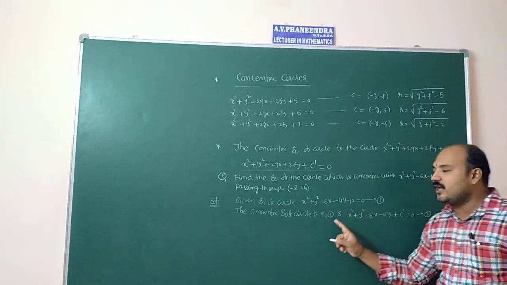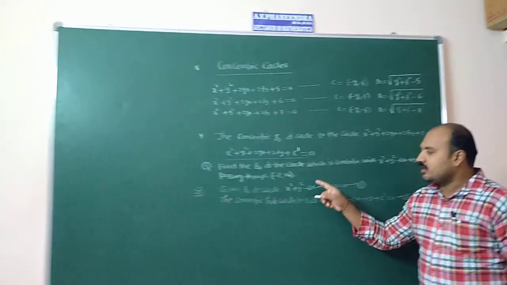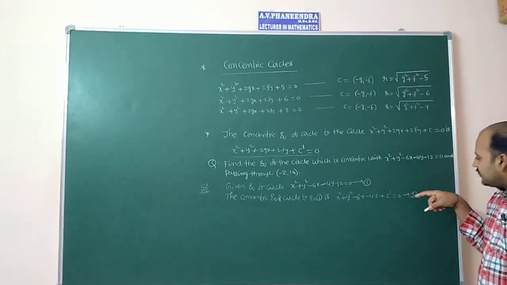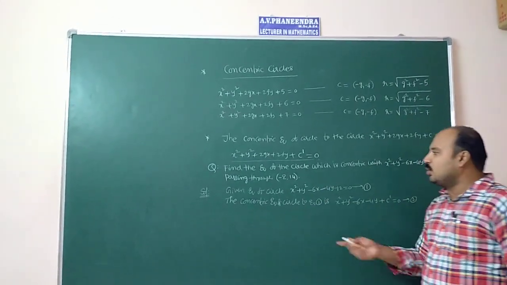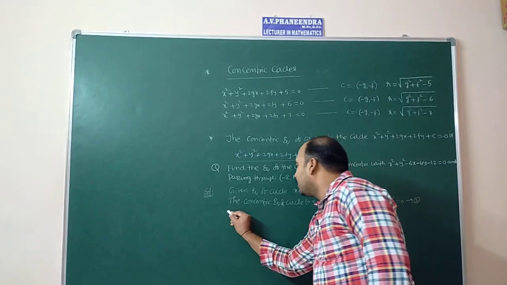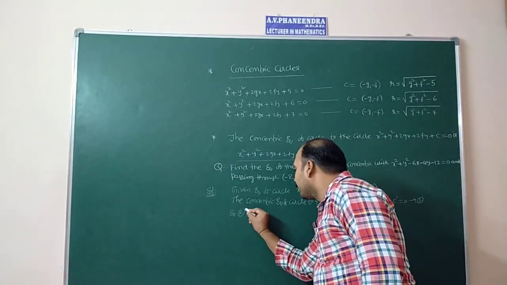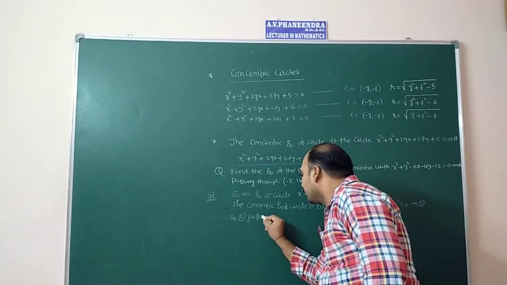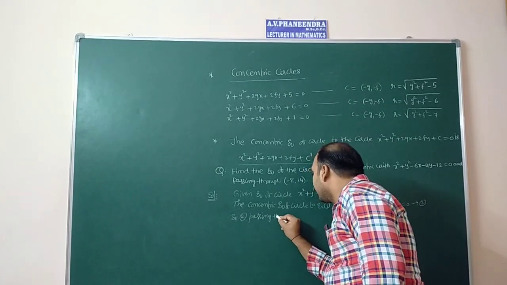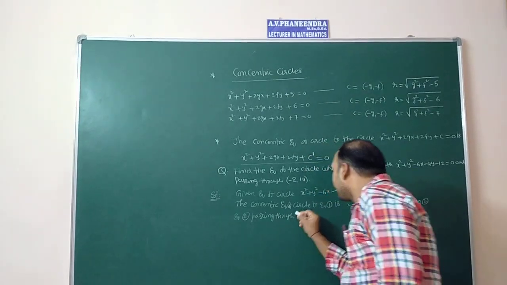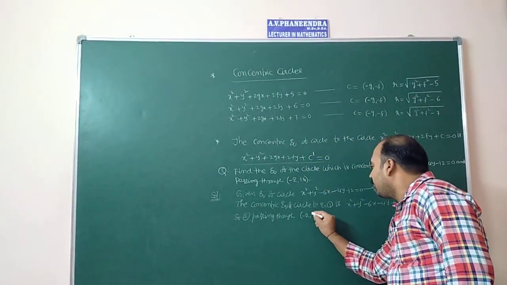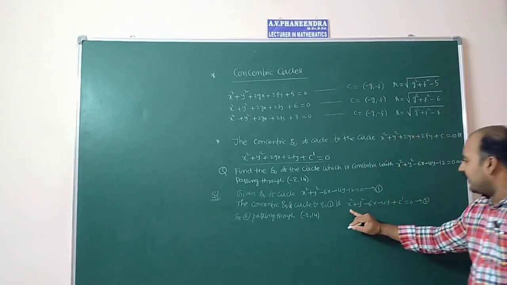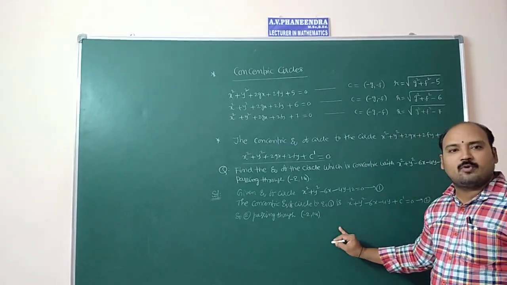This is the concentric equation of circle to the given equation of circle. This equation 2 is passing through the given point, minus 2 comma 14. In place of x comma y, substitute minus 2 comma 14.